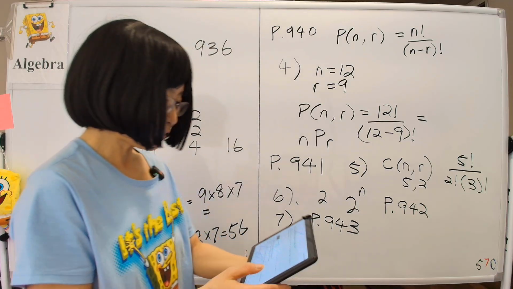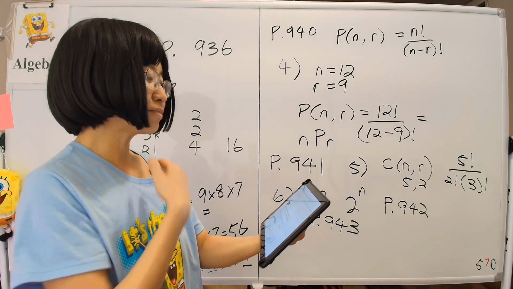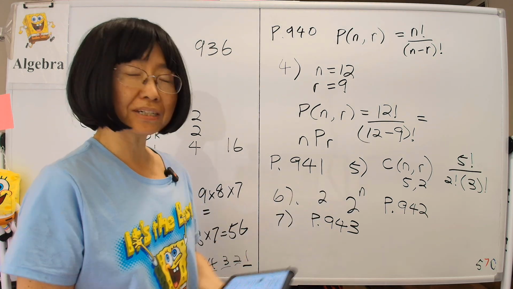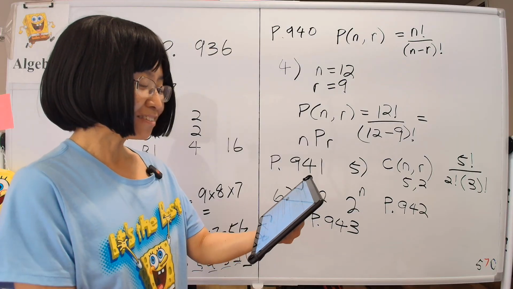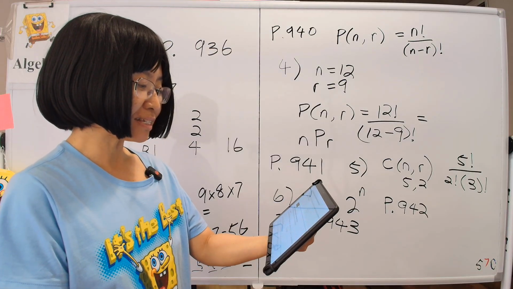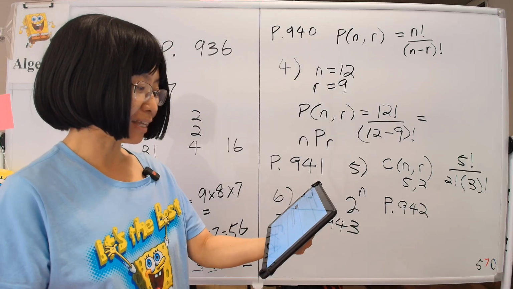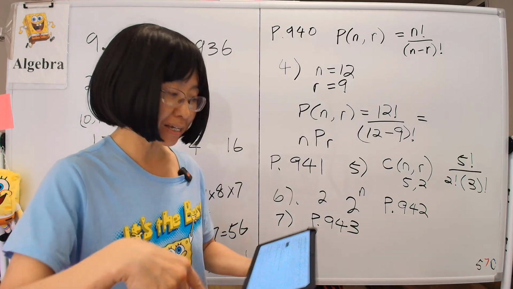Number 7 on page 943 says, find the number of rearrangements of the letters in the word distinct. Isn't that funny? Normally we would just count how many letters there are: 1, 2, 3, and then 5. That's 8 letters. So normally there would be just 8 factorial ways of arranging it.